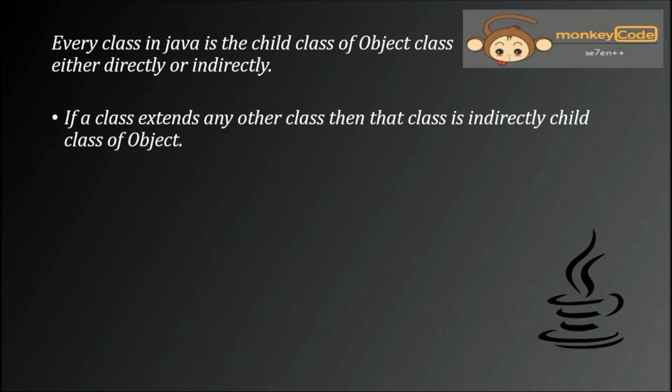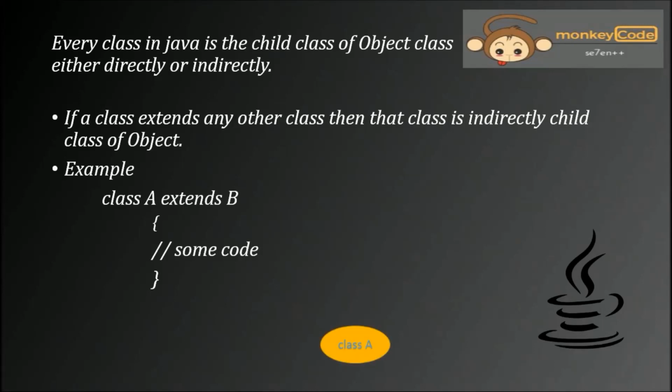If a class extends any other class, then that class is an indirect child class of Object. Here, class A extends class B, and class B extends Object class. So you can see multi-level inheritance. This is indirect. Now I guess you can understand what is an indirect child class and what is a direct child class.